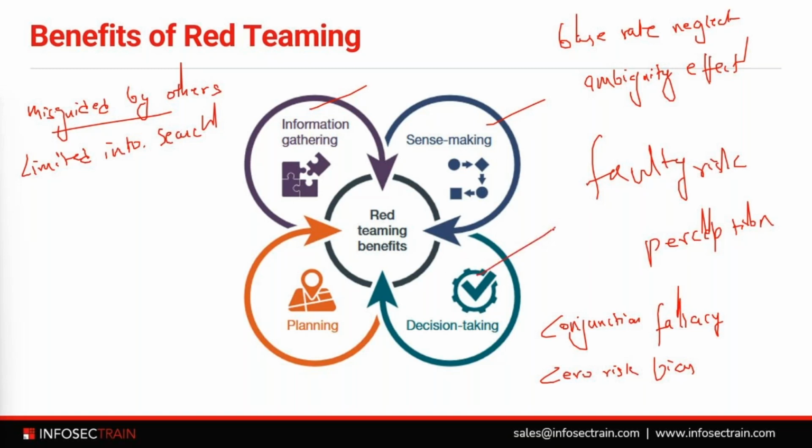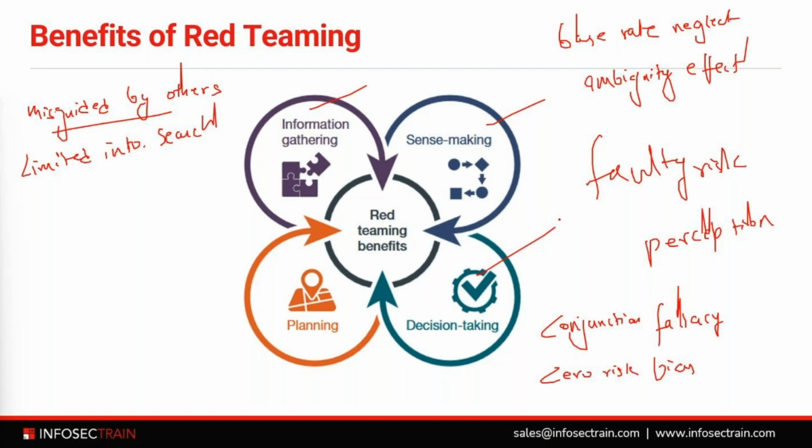Then we have decision taking. Now, this process is concerned with how an individual reaches a conclusion or judgment based on the information that has been processed in the earlier diagnostic phase. Thinking at this stage is related to developing a strategy or approach for solving the problem or responding to the situation.